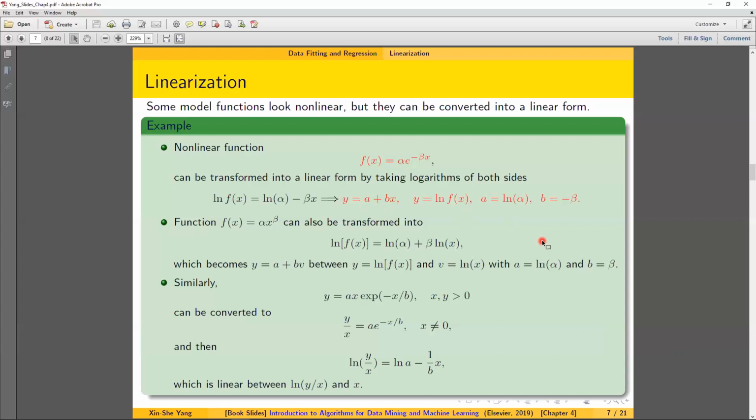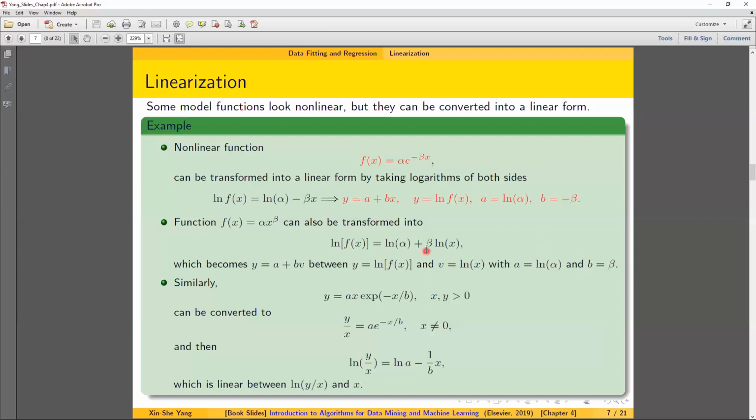For the following function, f(x) equal to alpha times x to the power of beta, it can also be transformed into log f(x) equal to log alpha plus beta log x, which becomes y equal to a plus b v. Y is log f(x), v is log x, a equal to log alpha, and b equal to beta.